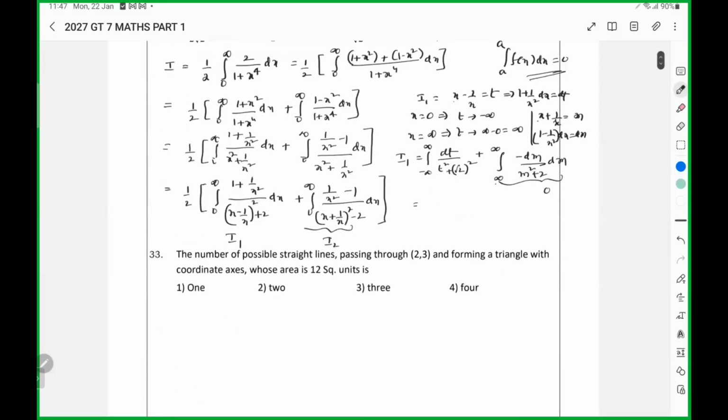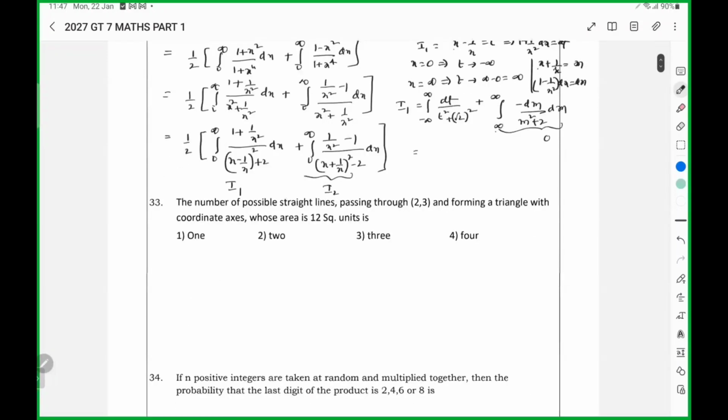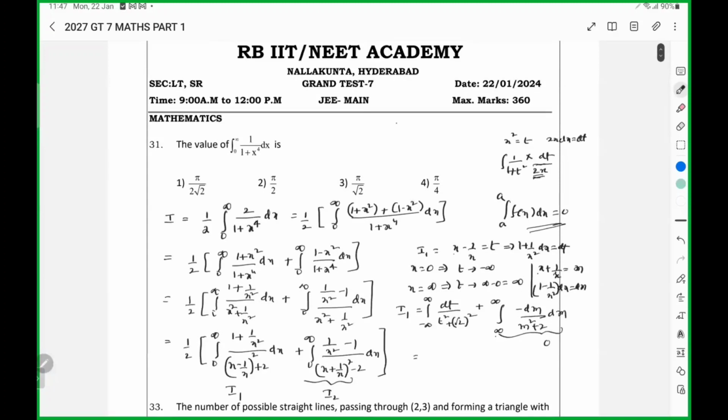So this is an even function. Once the function is even, the integral from minus a to a of f(x) dx is 2 times the integral from 0 to a of f(x) dx. Even means the condition is this condition.